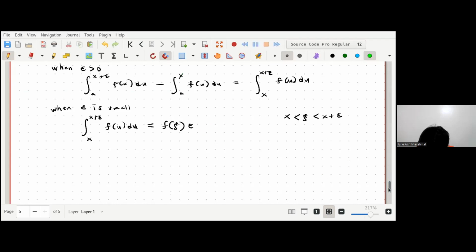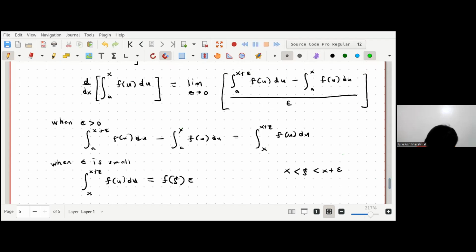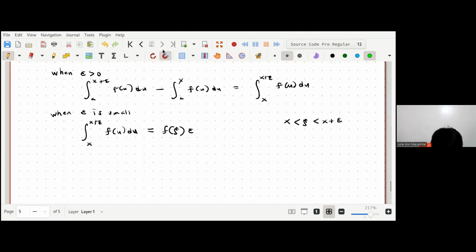So yung limit now becomes d dx of integral from a to x plus epsilon of f of u du minus integral from a to x of f of u du.